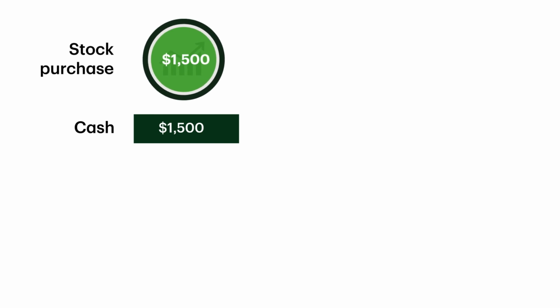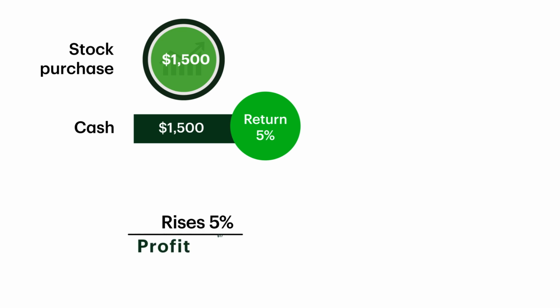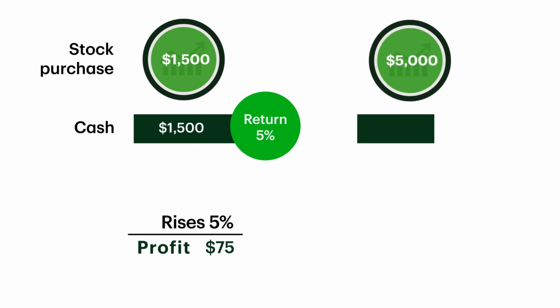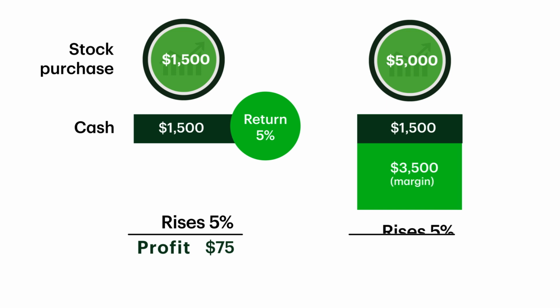For example, if you use $1,500 of your own cash to buy $1,500 of stock, you'll make 5% on your investment if the stock moves up 5%. In this case, that would be $75. But if you bought $5,000 worth of stock with $1,500 of your own cash and the stock moves up 5%, what happens?